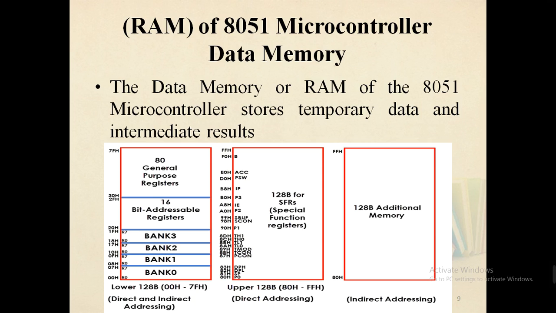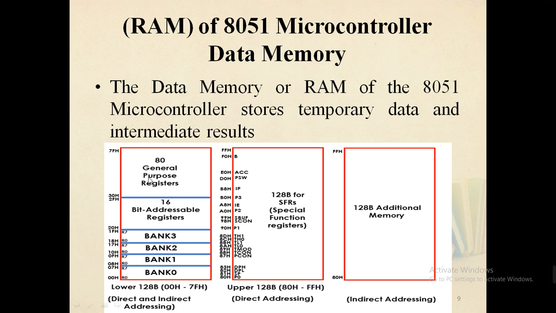In this 256 bytes, the first 128 bytes, that is memory address from 00H to 7FH, is divided into three categories: working registers, a bit addressable area, and general purpose registers.